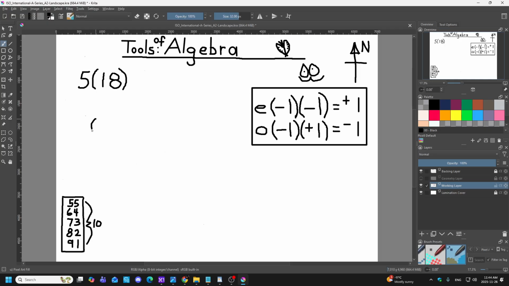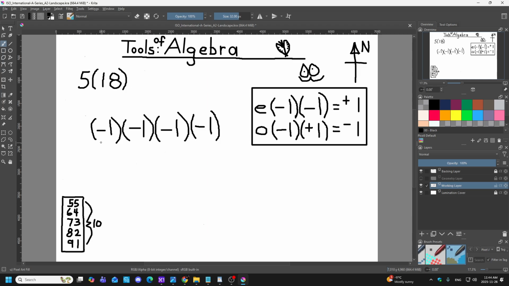For example, if I'm multiplying 4 negatives, we have -1 times -1 times -1 times -1.